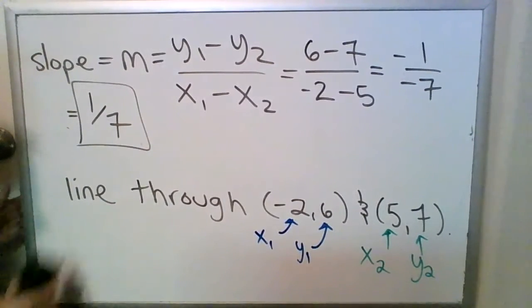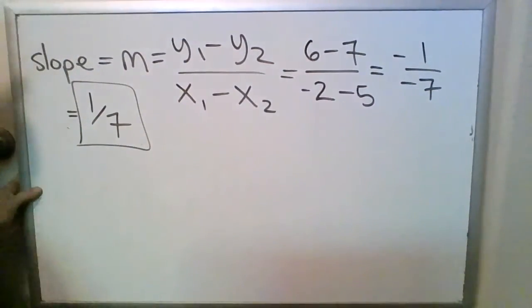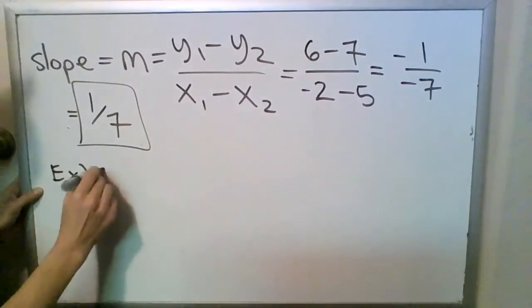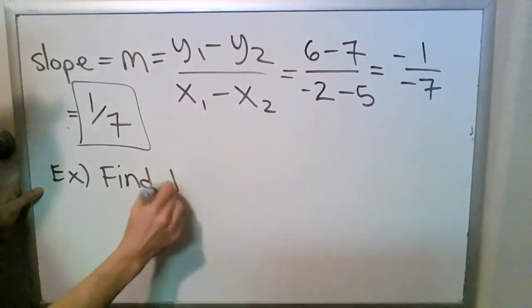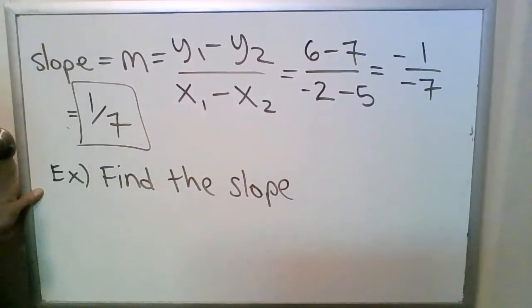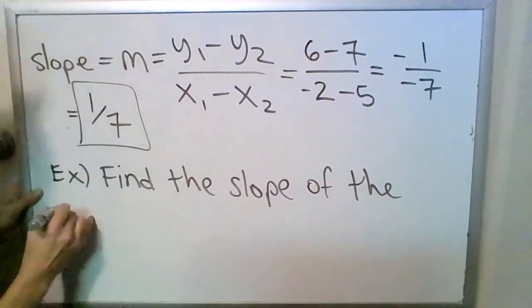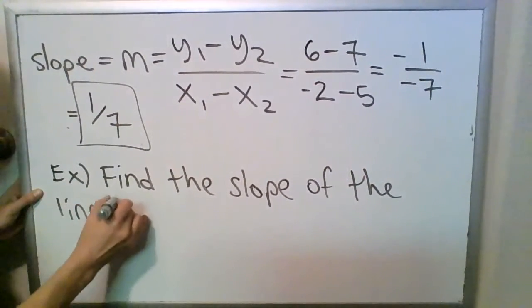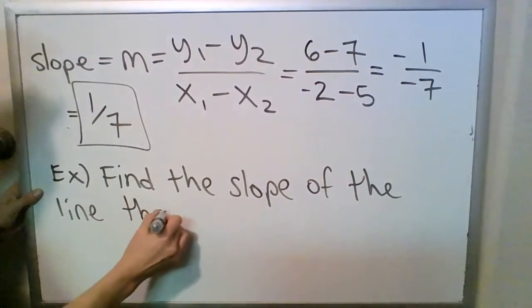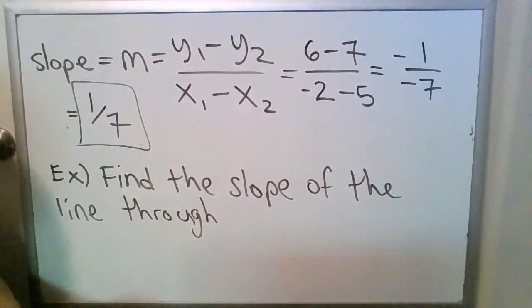Now the next question: we're going to find the slope of the line that goes through 0, -12.